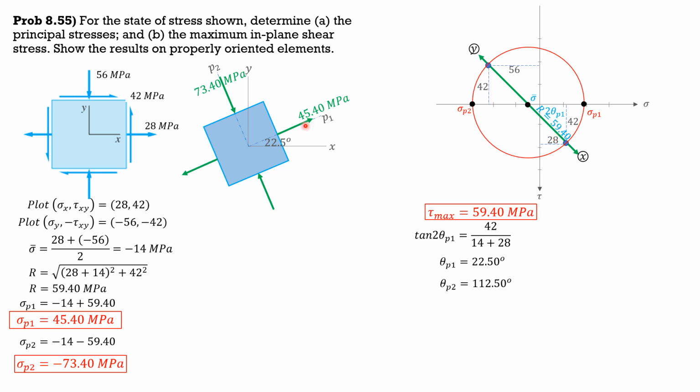So remember that the angle between the principal axis and the axis where maximum shear stress occurs is 90 on the Mohr circle but 45 in the actual.